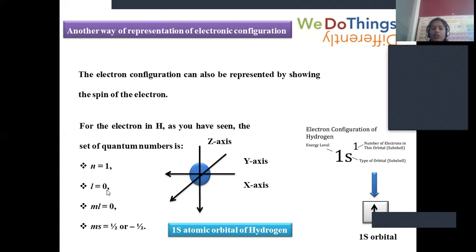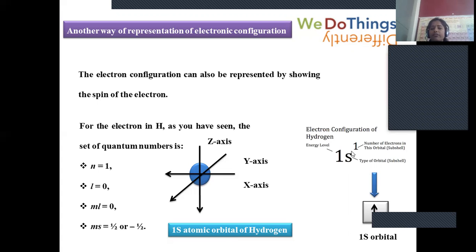If the L value, the angular quantum number, is 0, the magnetic quantum number also becomes 0, right? Then ms, how many electrons are there? Only 1 electron is there. That electron occupies either positive or negative spin, that means moving either in a clockwise or anti-clockwise direction of rotation, right?